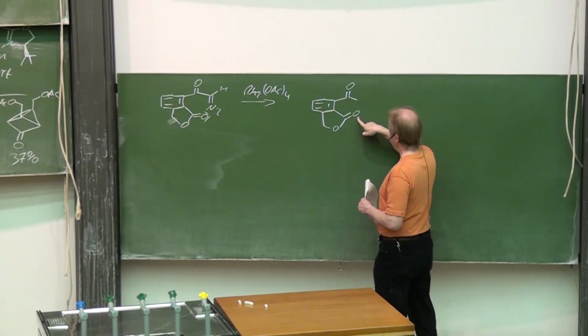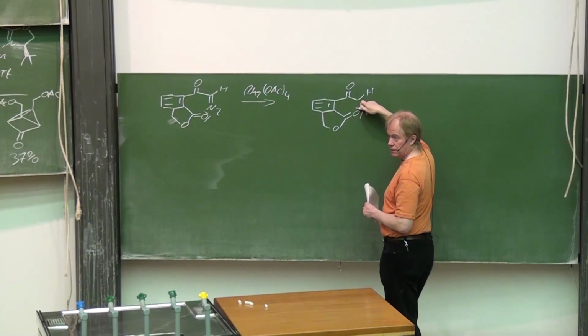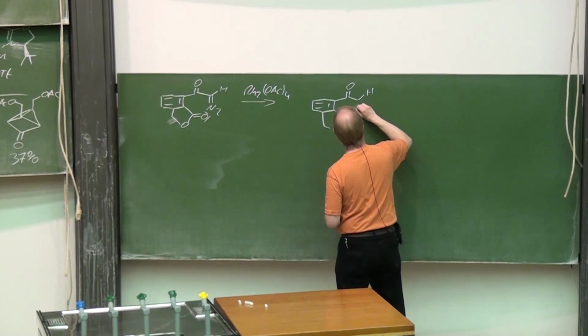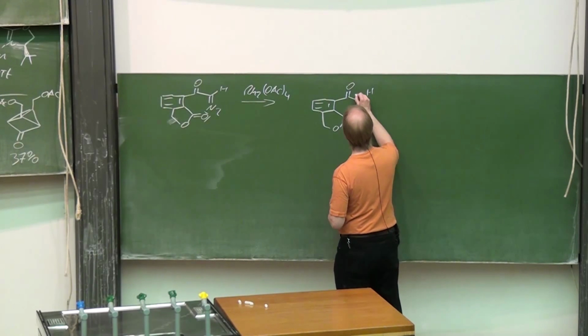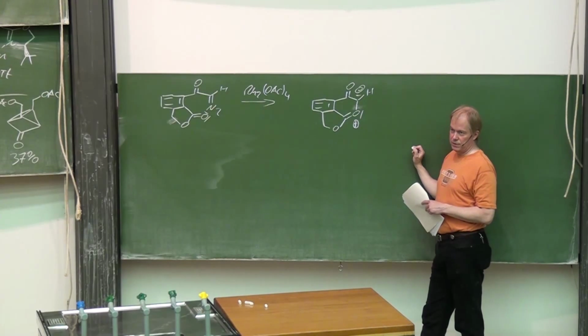So, what happens? The carbene moiety interacts with the nucleophilic carbonyl group, forming a permanent dipolar reactive intermediate.